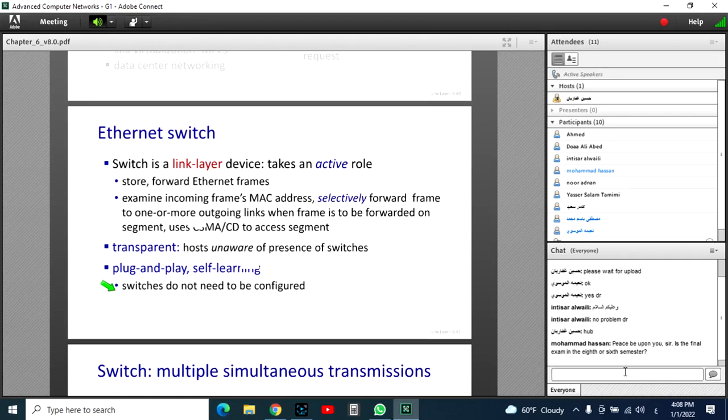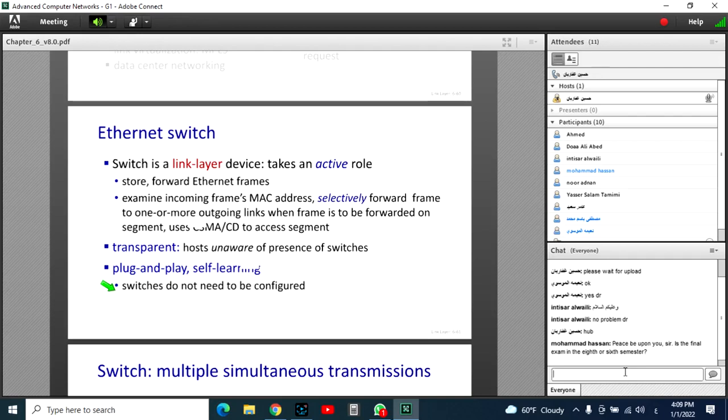Layer 3 switches can be used instead of a router, but they have limited capabilities, so it's better to use a specific router instead of a layer 3 switch.